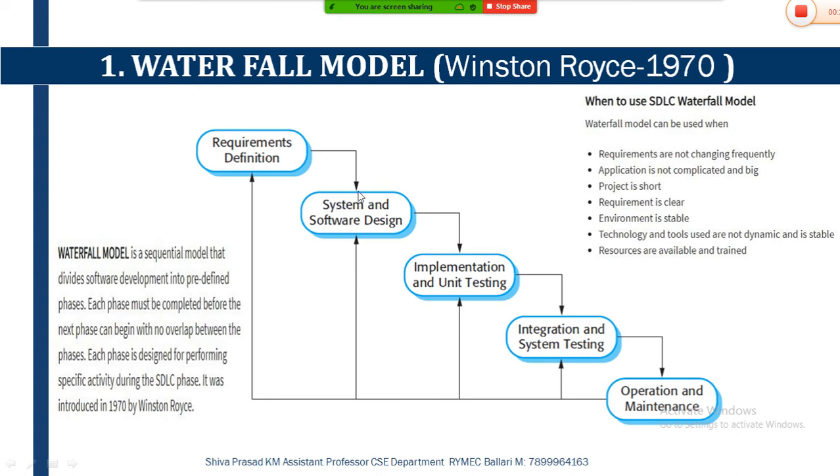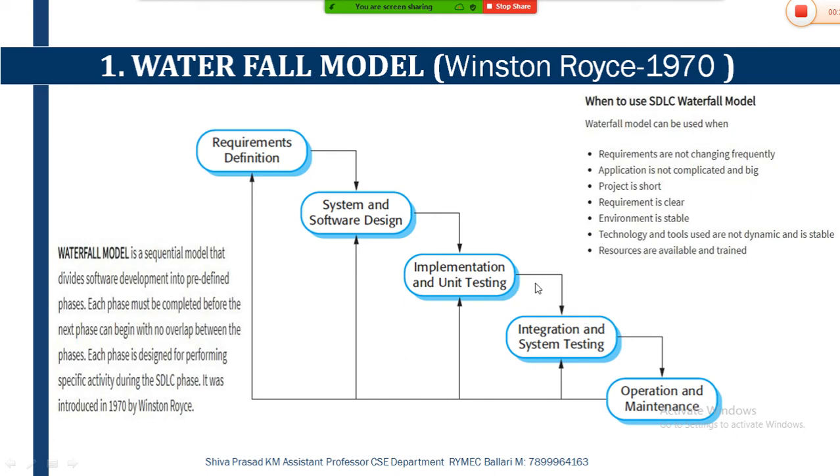The second phase is interdependent on the first phase, the third on the second, the fourth on the third, and the fifth phase is interdependent on the last but one phase, that is the fourth phase.